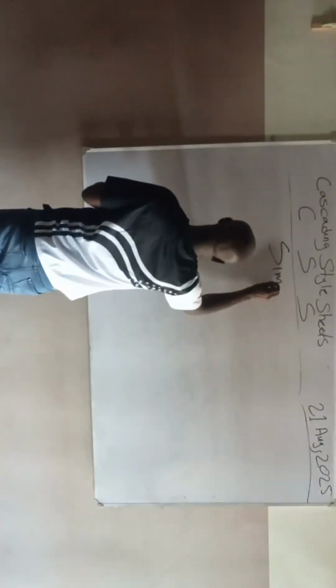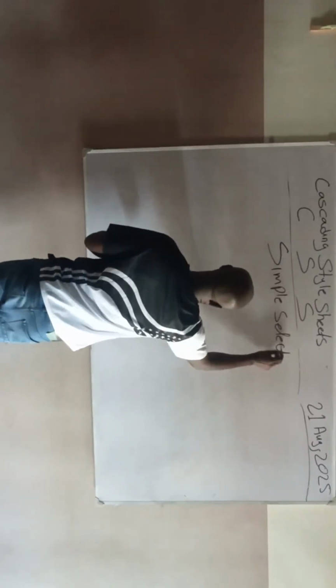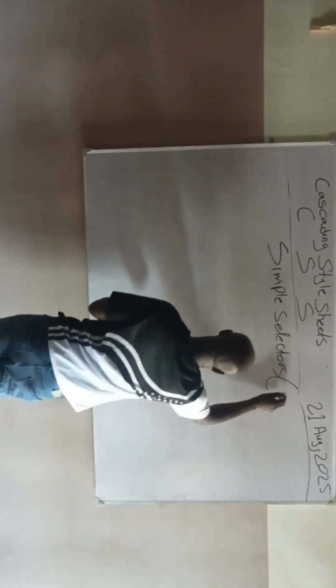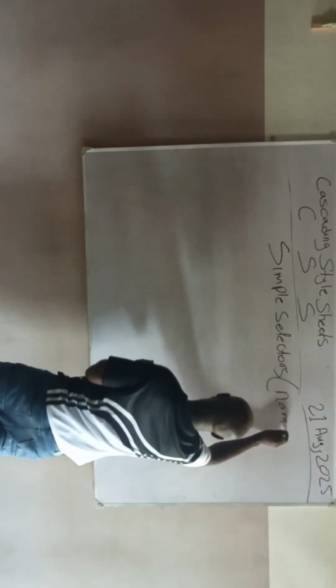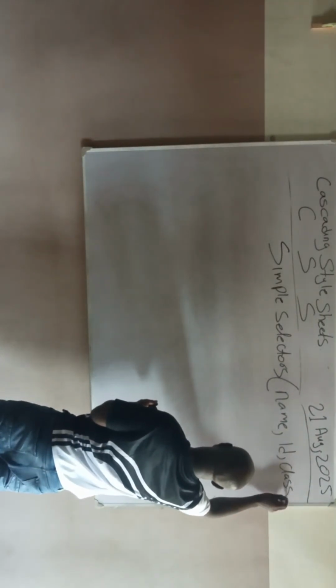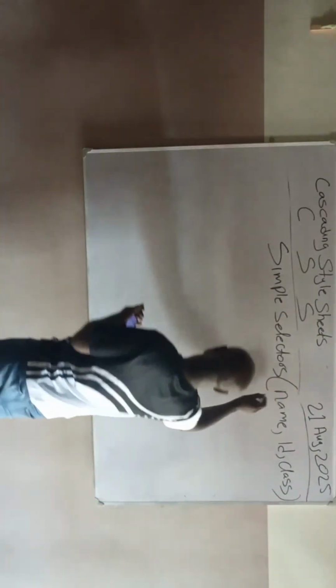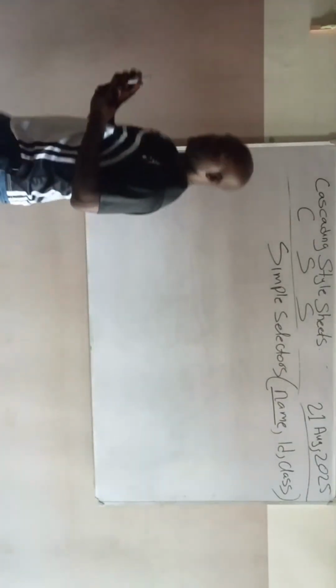Simple selectors, and I say it is based on what? Name, ID, and what? Class. And now we see how to identify this by name. Okay? Now let's talk about the ID part.